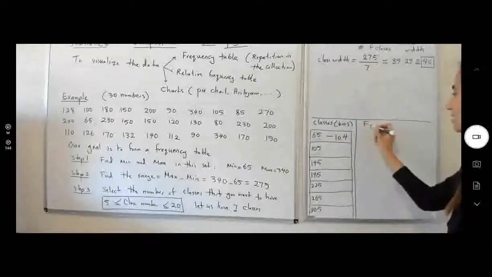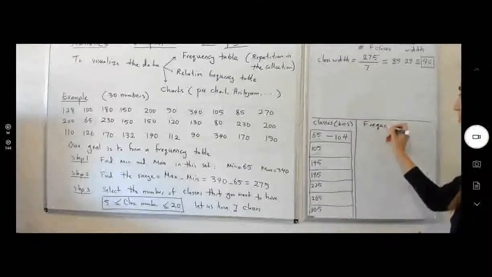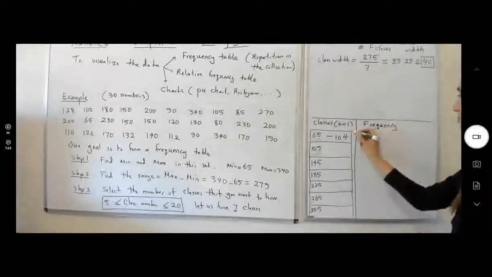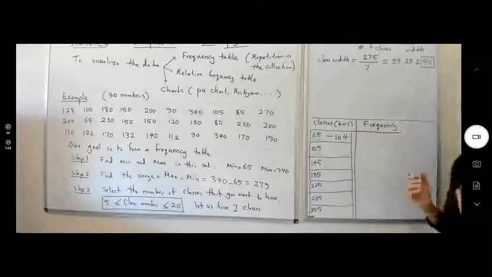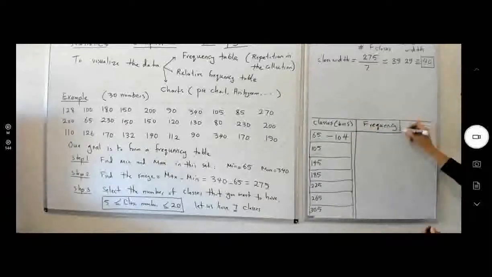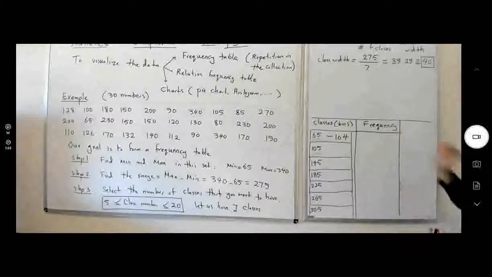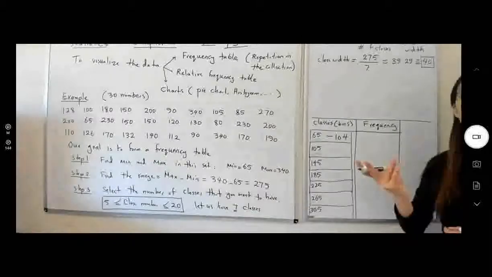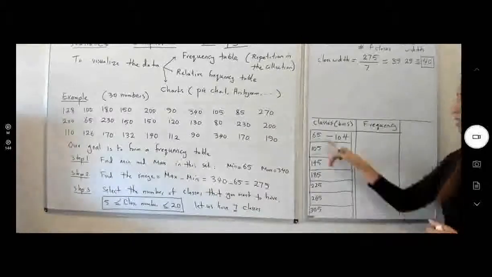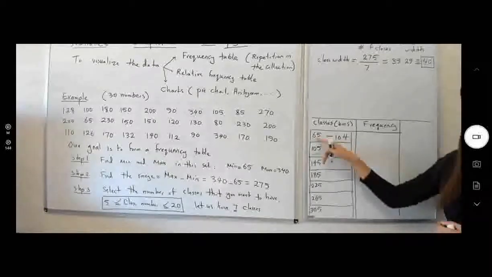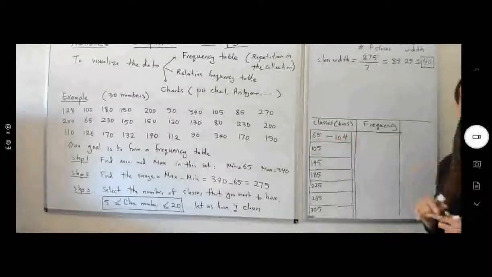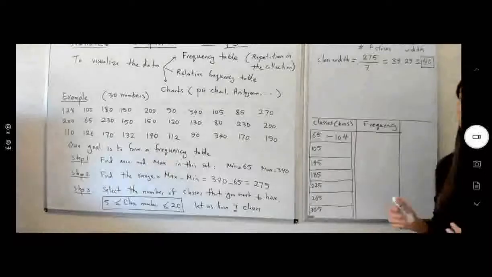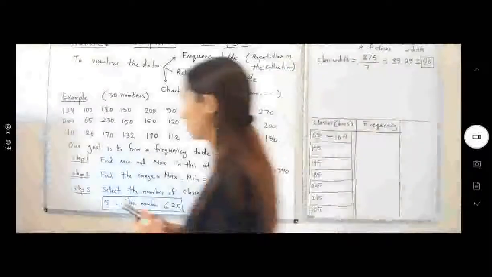What is frequency? This is the next column that you are learning. Frequency is the count of numbers between 65 and 104 inclusive. How many 65s do I have?